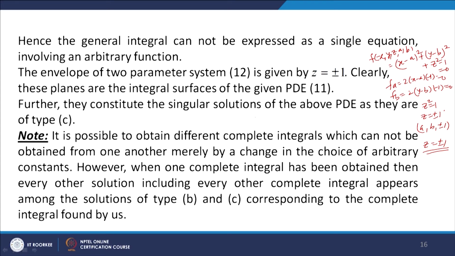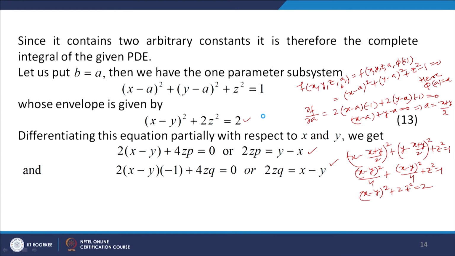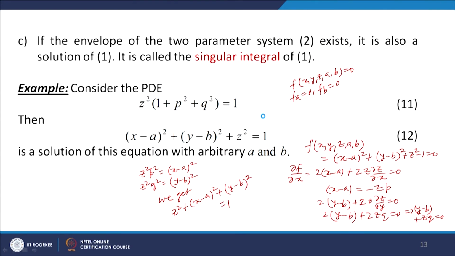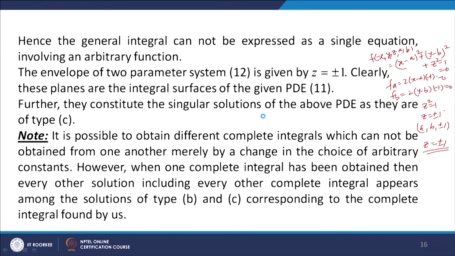Further, they constitute the singular solutions. As we described in the third case, if the envelope of the two parameter system exists and is also a solution of 1, it is called the singular integral. So, z equal to plus minus 1 are the singular solutions of the PDE, z square times (1 plus p square plus q square) equal to 1.